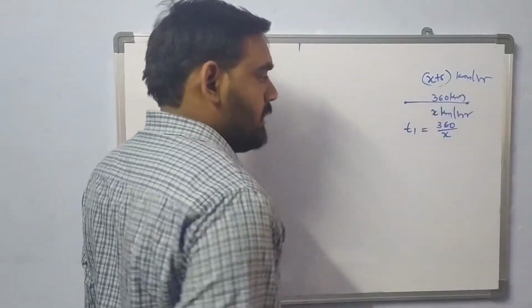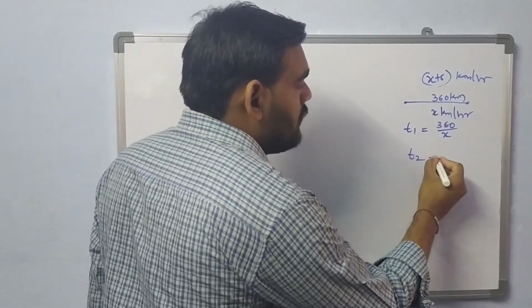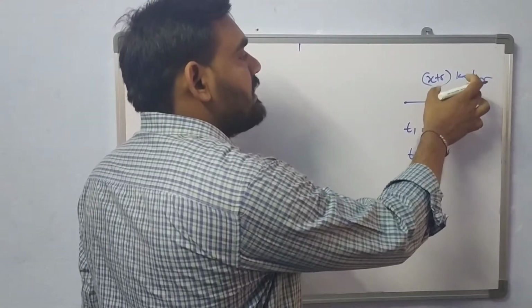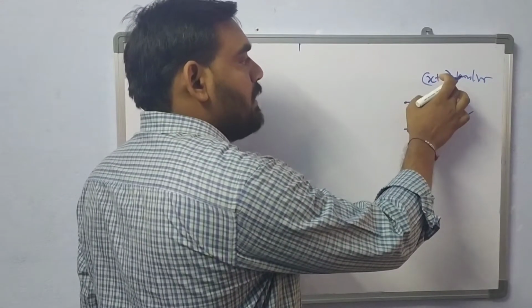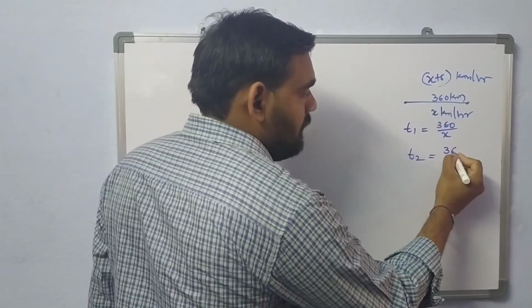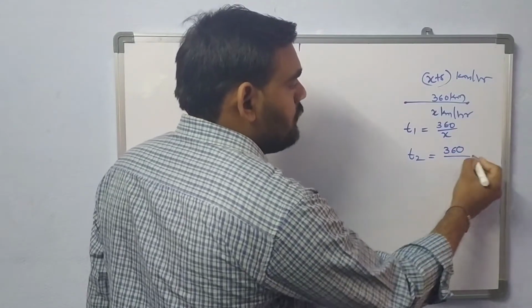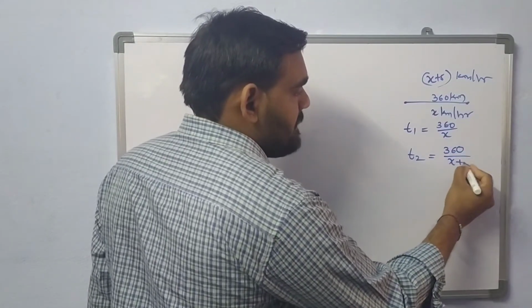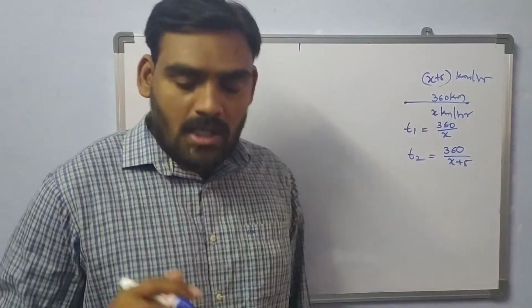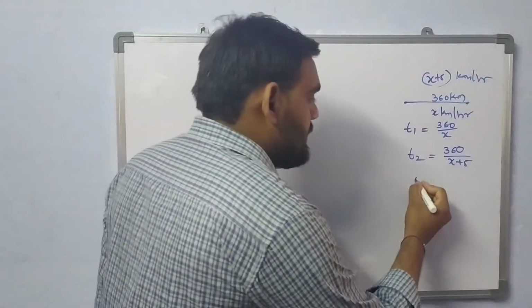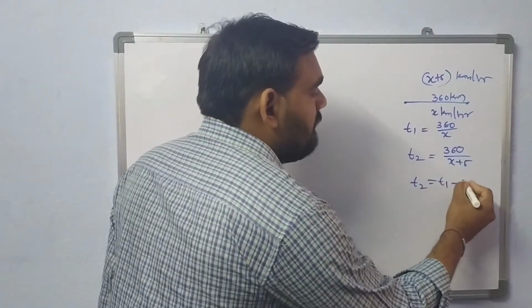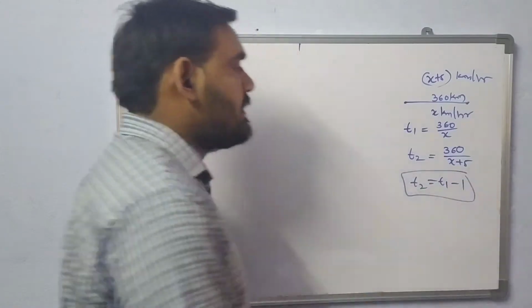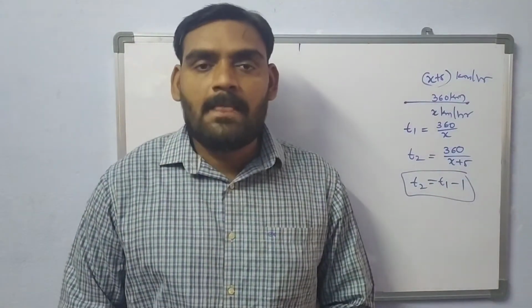For the same journey, the time taken by the train to cover 360 kilometers at the increased speed is t2 is equal to 360 by x plus 5. Isn't it? According to the problem, we can write t2 is equal to t1 minus 1. From this, we can find the speed of the train.